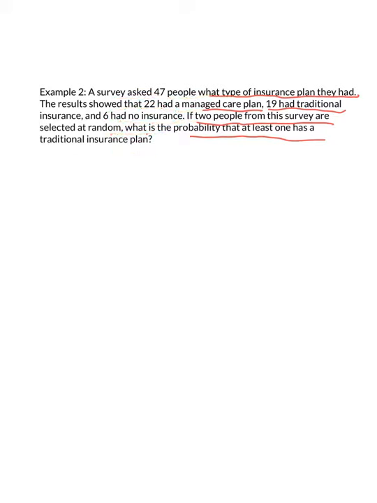So the key phrase that tells me which probability formula I need to use is, of course, at least 1. Because I'm drawing 2 people's names, there is going to be some multiplication inside the formula, but there's always multiplication at the end of the at least 1 formula anyway.